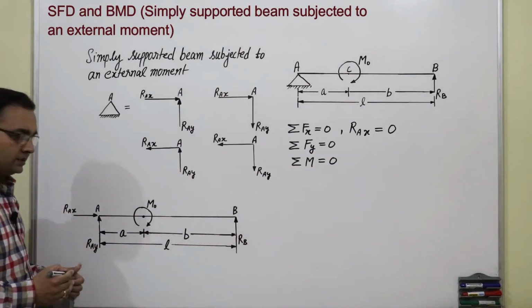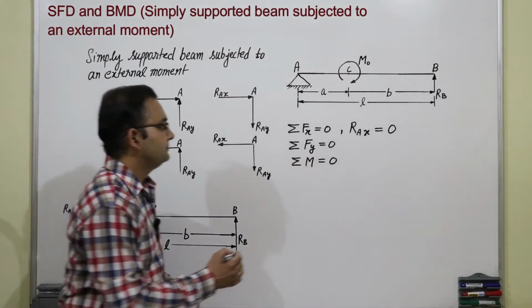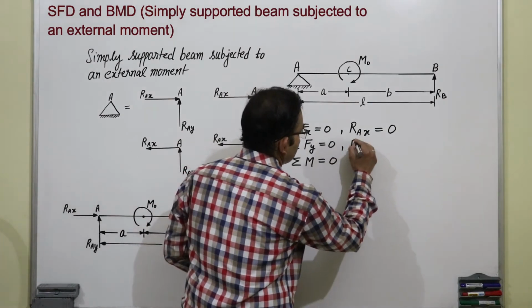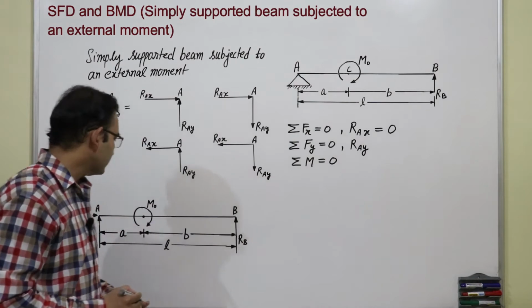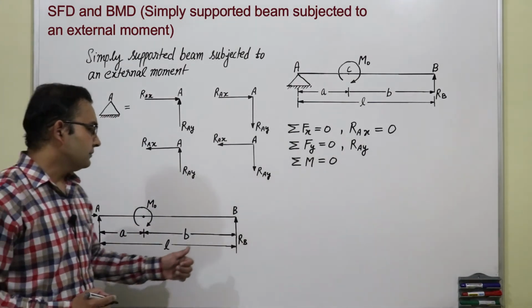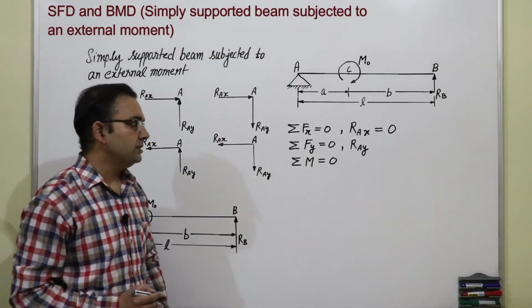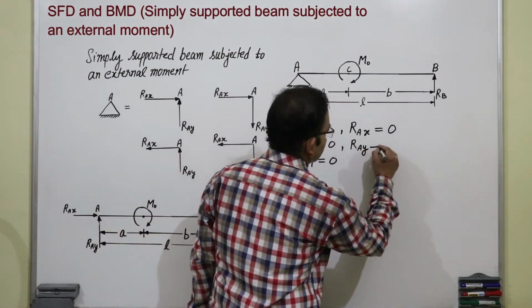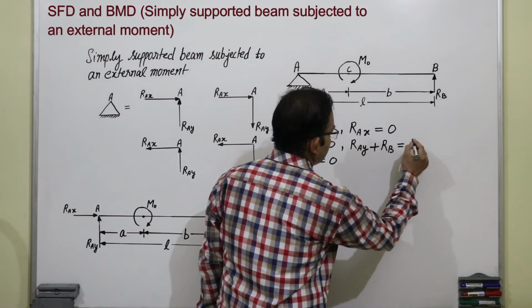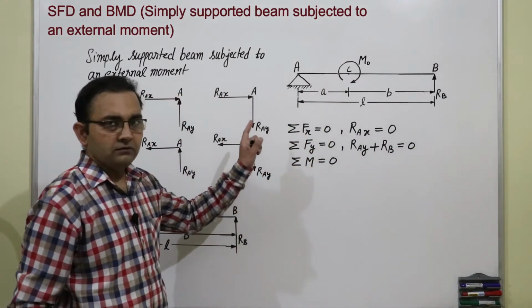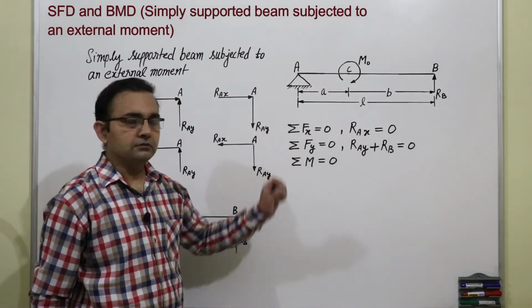Sum of vertical forces, this is upward, RAY, RAY is upward, that is why it is positive, and another force is RB, it is upward, plus RB, and the sum should be equal to 0. Sum of vertical forces should be equal to 0.